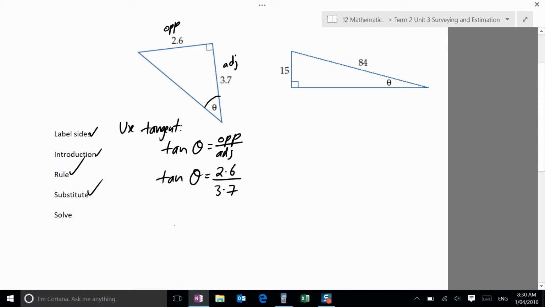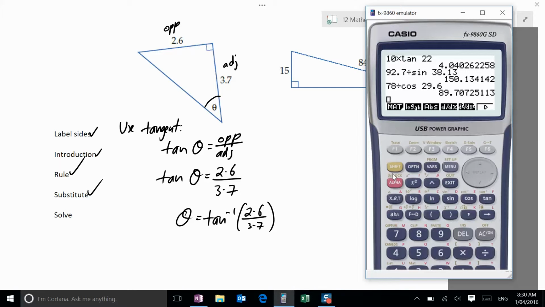To find the angle, we need to find the inverse tan of that value. Taking inverse tan of both sides. Inverse tan of the left-hand side gets rid of that tan. Inverse tan of the right-hand side, something we can just type into our calculators. So inverse tan of 2.6 divided by 3.7. And that'll give us an angle in degrees.